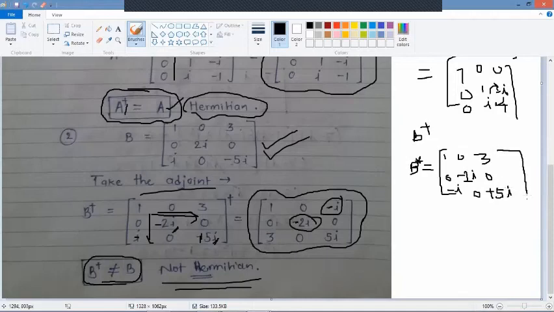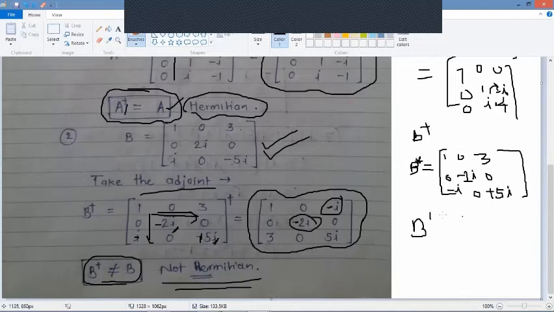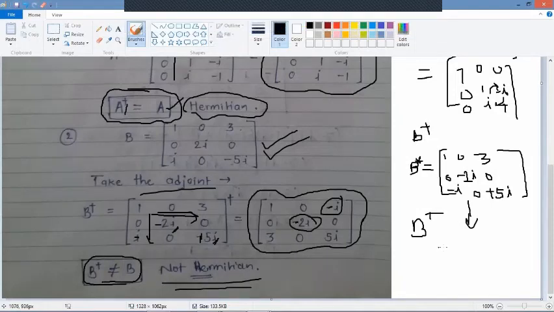Okay, and take the transpose of it. You have to take the transpose of it. So how do the matrices become? Row becomes column, so 1 0 3, and column becomes row, so 0 minus i, and minus 2i as it is.